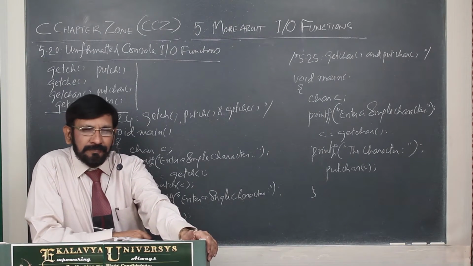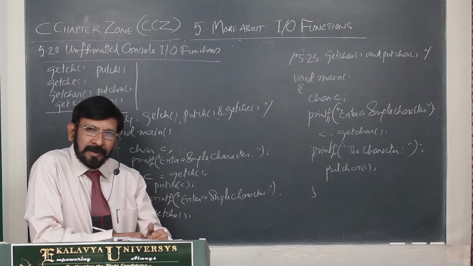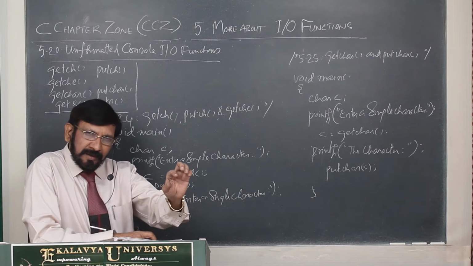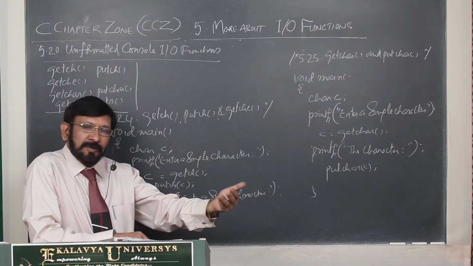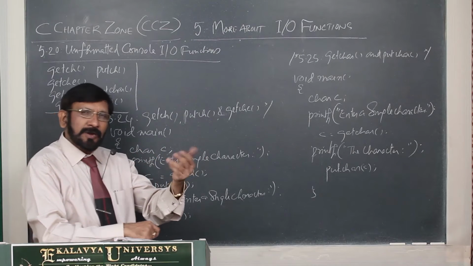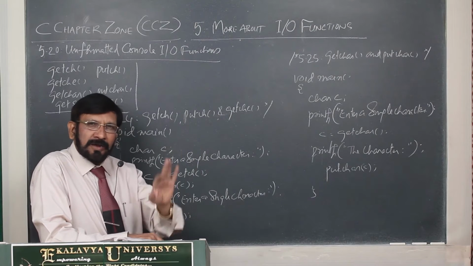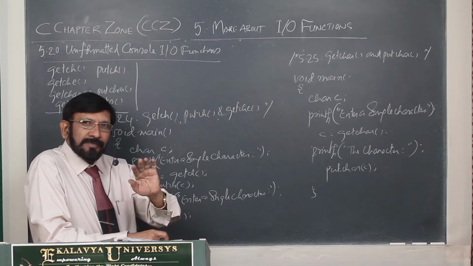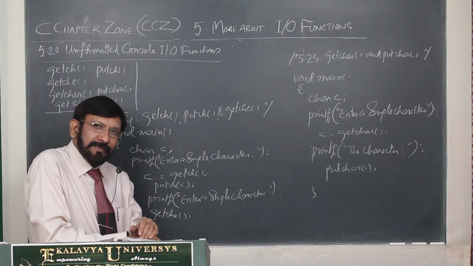Just for example, you are entering your password for your mail. Do you expect that it should be displayed? If some stars are displayed, then without committing an error, you can check. Suppose 4 characters are to be entered, 4 stars are displayed, that is okay. But whatever characters you are entering should not be displayed, that you expect.